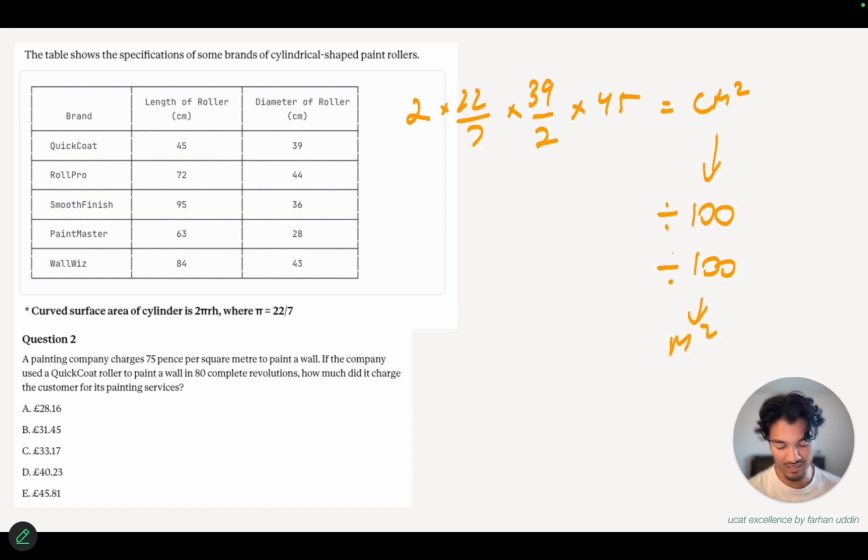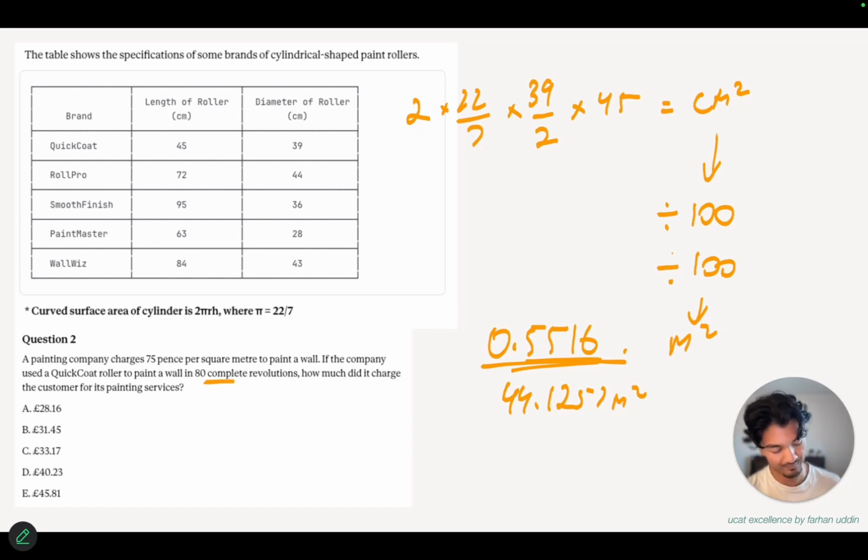And that's going to be something along the lines of 0.5516. So this is our meters squared for 1 revolution. But we know it took 80 revolutions to complete, so we're going to multiply that by 80. And so this is the total meters squared of the wall. Fantastic.